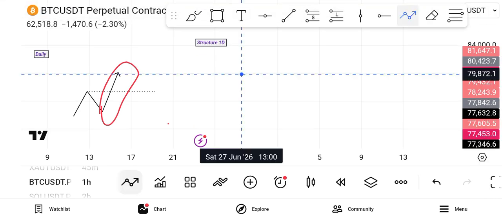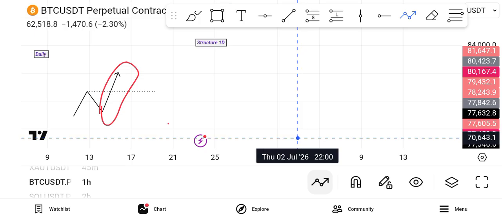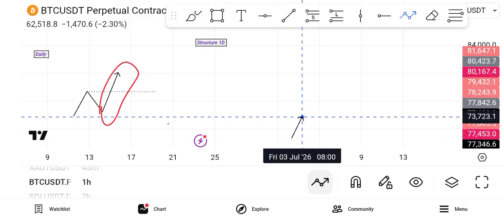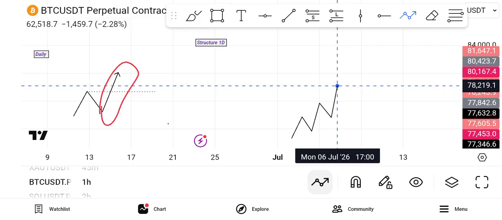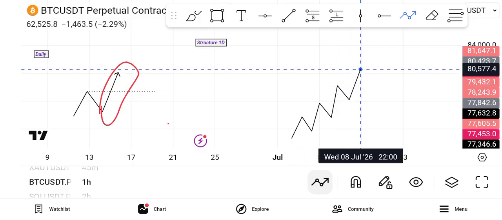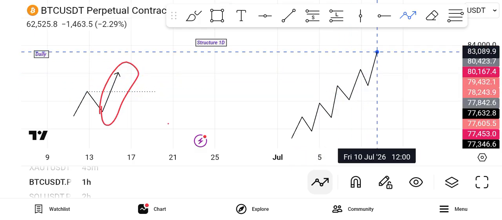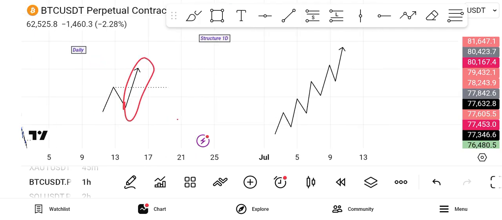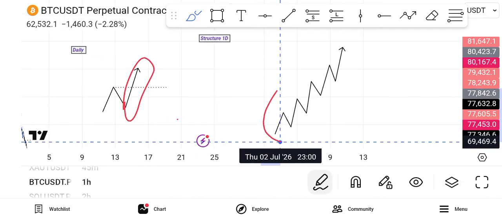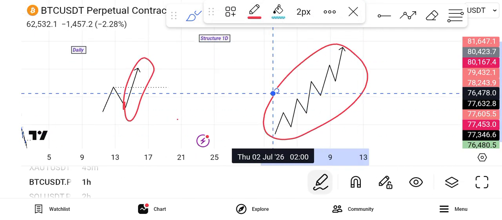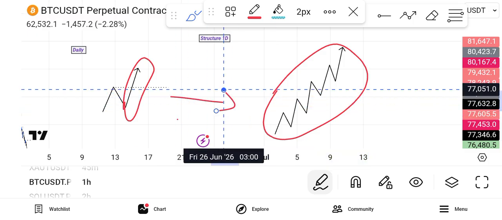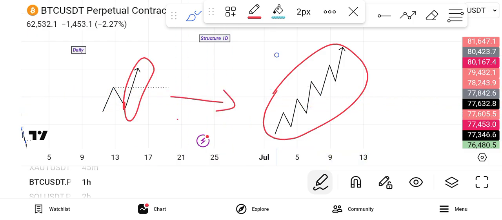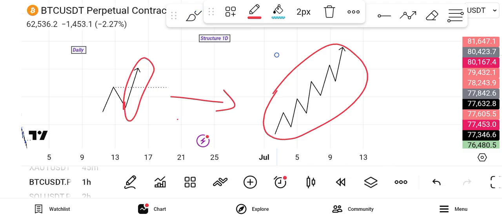If you go to the 45-minute time frame, you are supposed to see a series of highs and lows, and it just keeps going up like that, creating an uptrend. So this particular leg on the daily time frame is this complete trend as a whole on the 45-minute time frame.